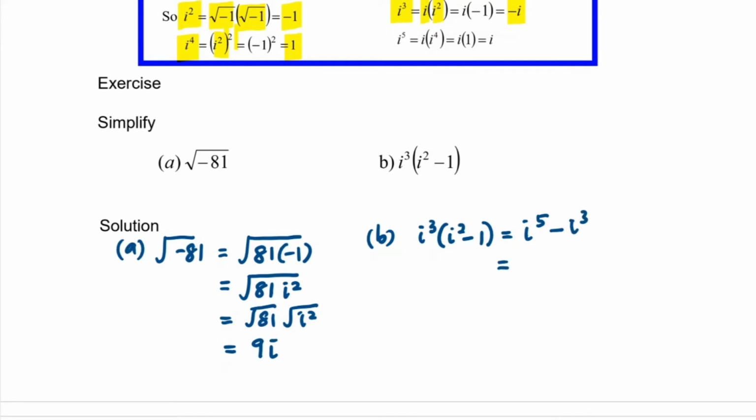We substitute i to the power of 5 as i and i to the power of 3 as -i. We get 2i.